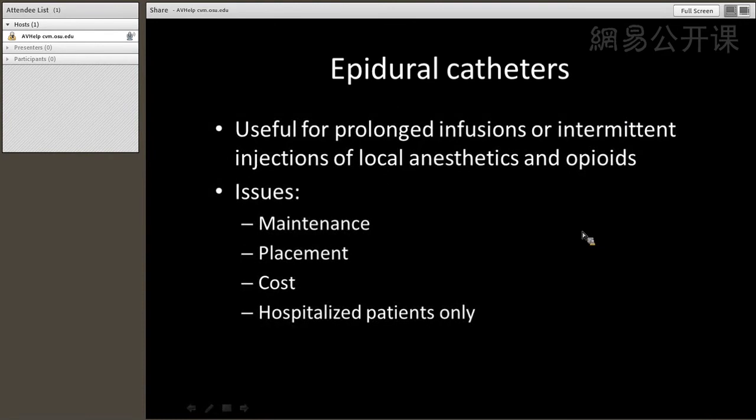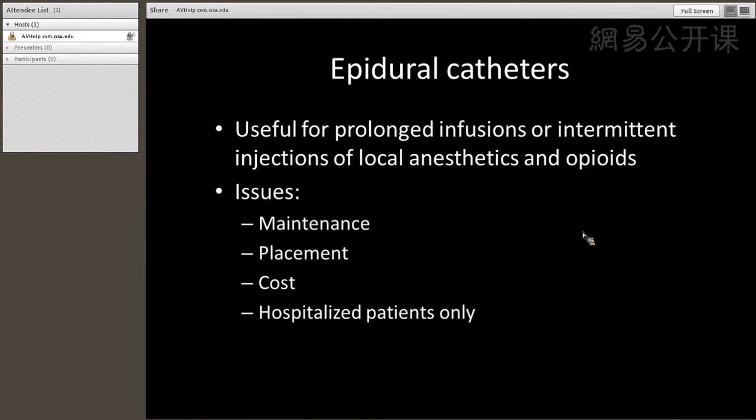It is useful for prolonged infusions or intermittent injections of either local anesthetics or opioids. Some of the issues associated with them is that you have to maintain them, and so that can be challenging in a patient that is moving around. Placement of them is not always the easiest thing. In some patients it's really easy, greyhounds for example, but in some patients it's not that easy.